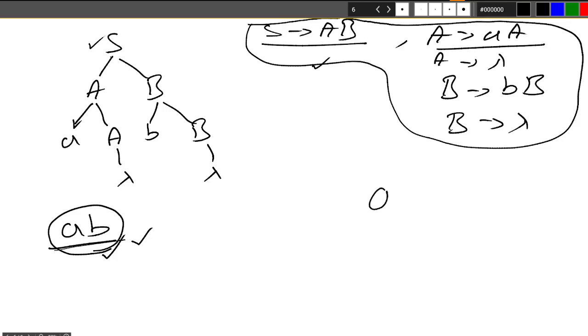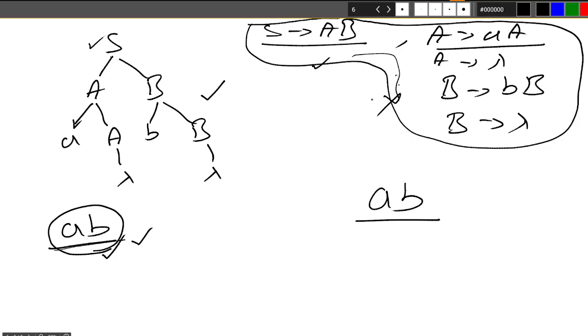As long as these rules are not changing, you will always get the same derivation tree. If these rules change, then only this derivation tree may change.